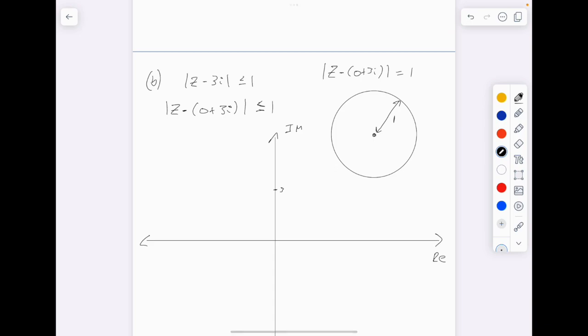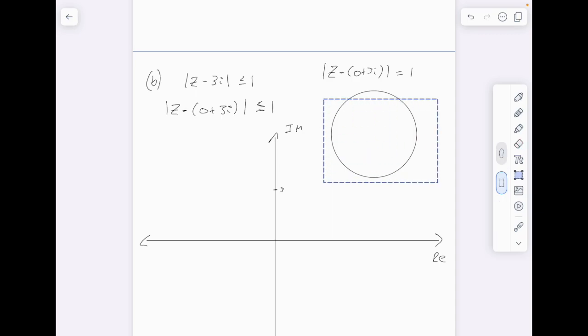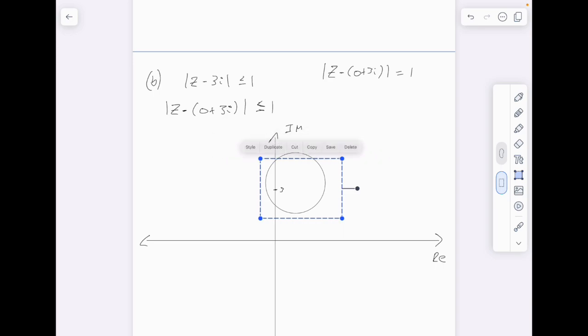But where does the 3i come in? Well, the 3i comes in the fact that the 3 is going to be the center of the circle, and I'm going to have a radius of 1. So here's what I'm going to do. I'm going to take this circle now, and I'm going to put it over the 3 here.